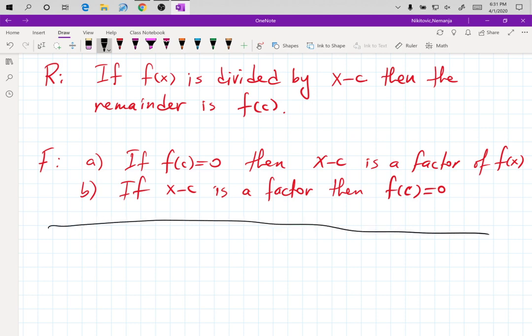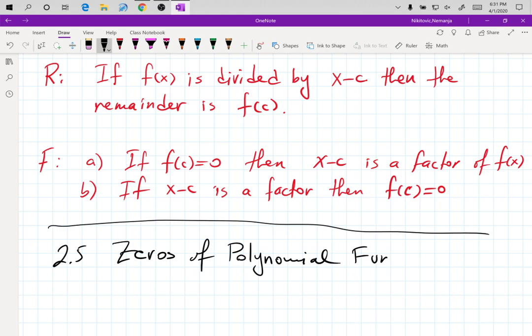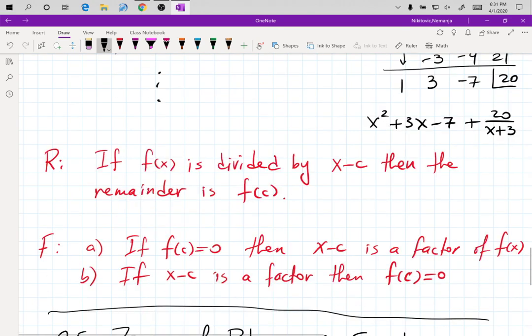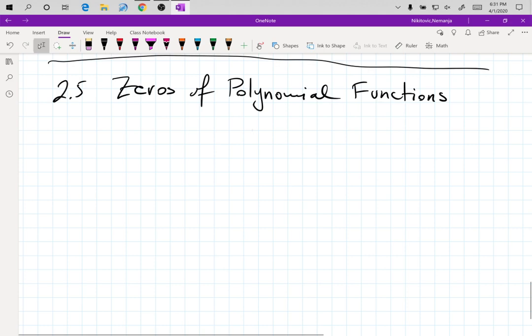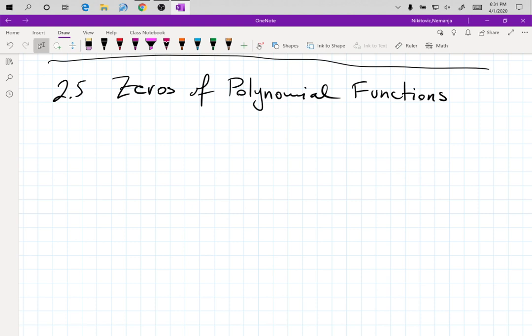And then we're going to take 2.5, when we are talking about zeros of polynomial functions. There we go. Zeros, and this is where we do the PRZs, if you remember the PRZs, right?